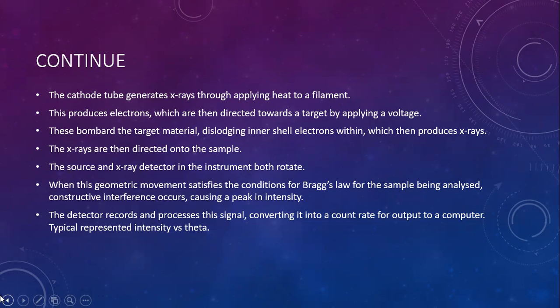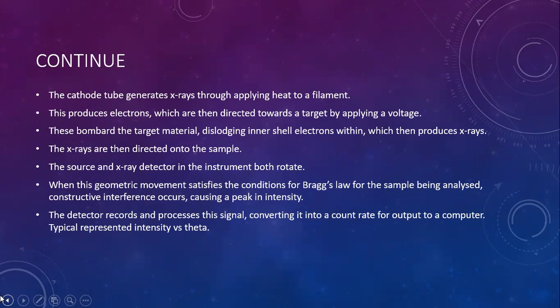The X-rays are then directed onto the sample. The source of X-rays and the detector in the instrument both rotate. When this geometric movement satisfies the conditions of Bragg's law for the sample being analyzed, constructive interference occurs, causing a peak in intensity.